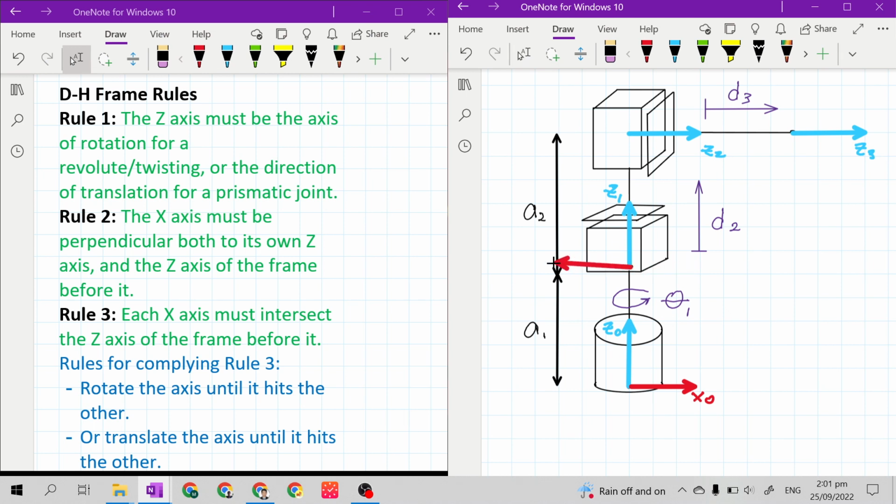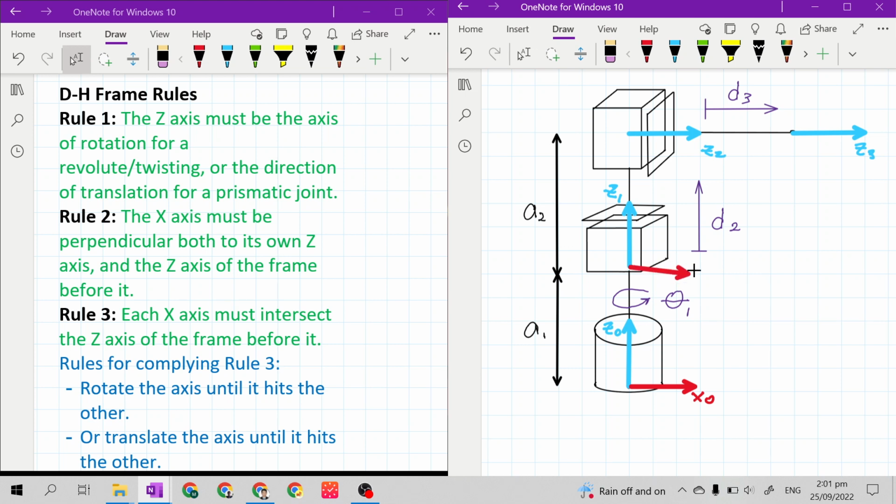Our choice is to point it to the right or left, back or front, as long as it is perpendicular to both z0 and z1.